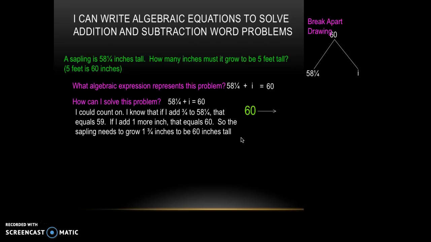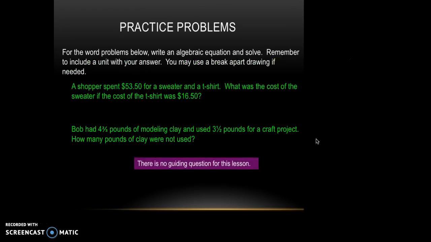Or I could take 60 minus 58 1/4. So change 60 to 59 4/4. Okay, actually we're regrouping here so that we can do this subtraction. And again, when I finish the problem, I end up with 1 3/4 inches.